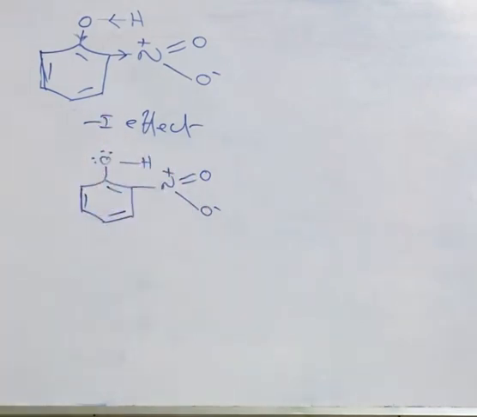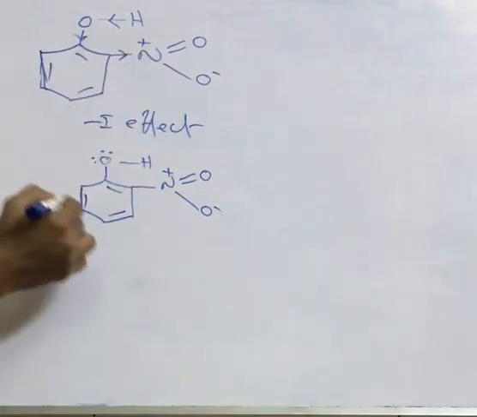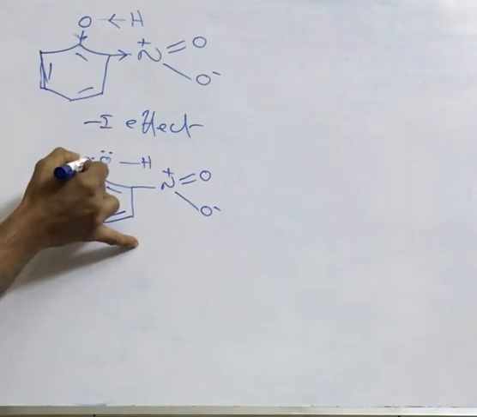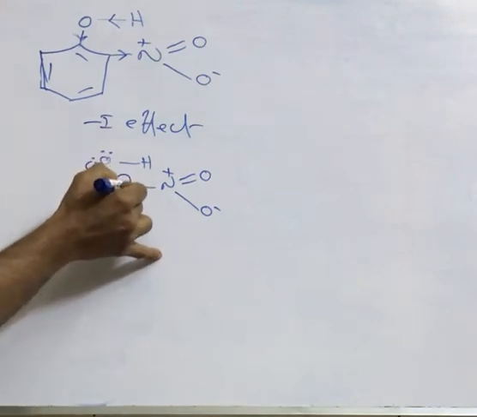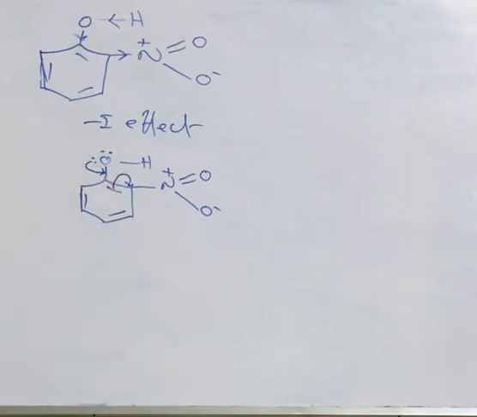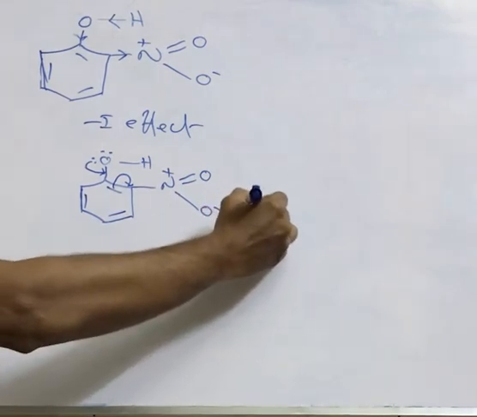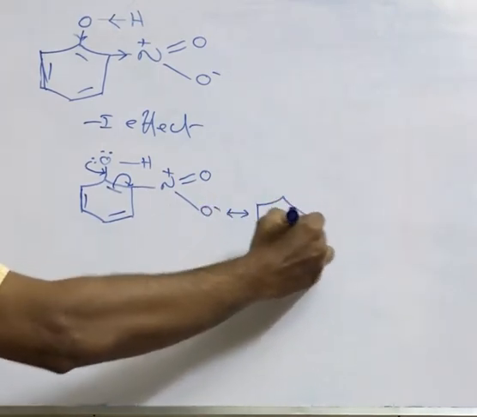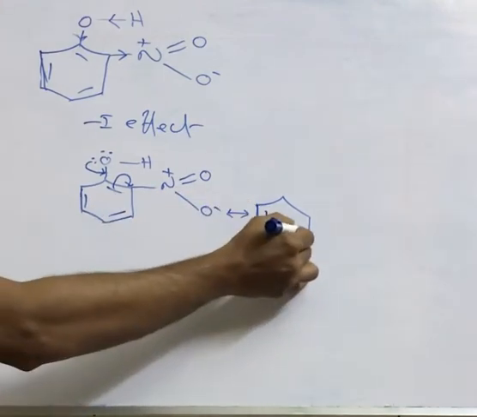So now because of the I effect, this is taking the electrons. Even in the R effect, these electrons are given like this, and this bond will be there. That means this lone pair participates in the delocalization, so you will be getting different resonance forms. So now you will have another structure, and these two are not changed.